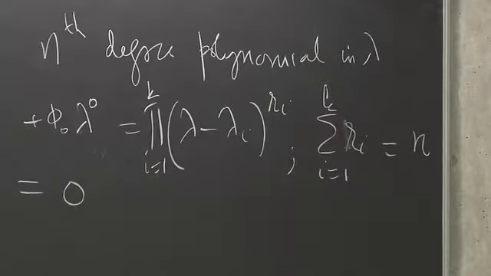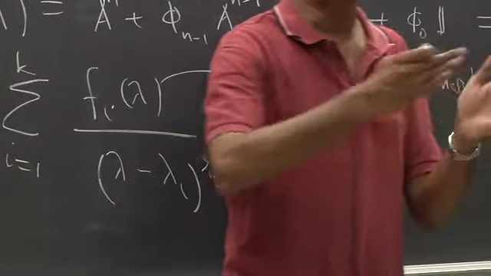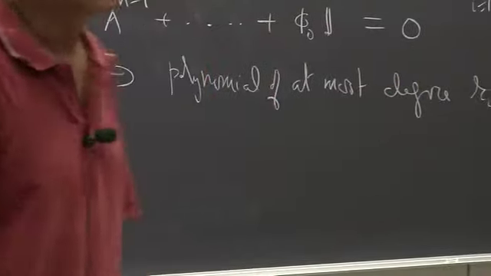This is just what we usually call writing it as a sum of partial fractions, you know, that you can do.